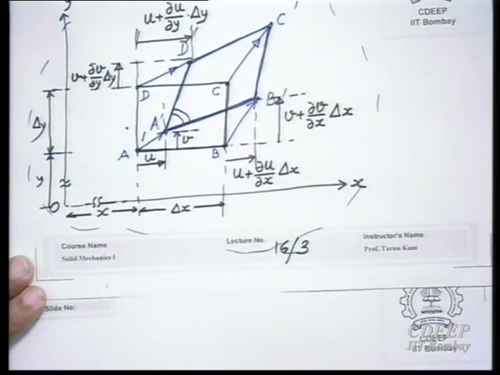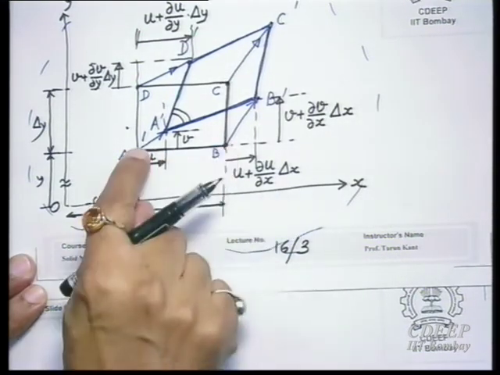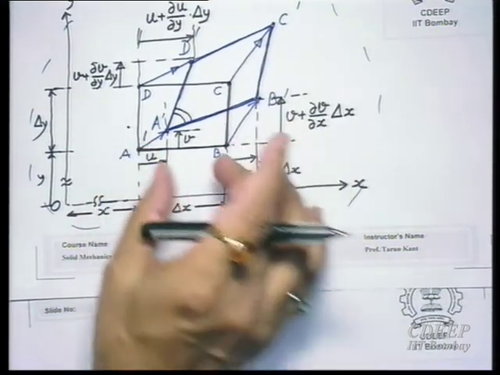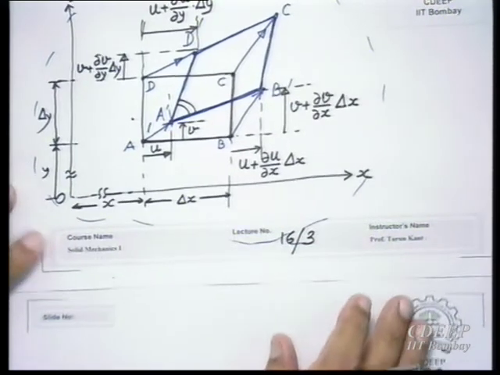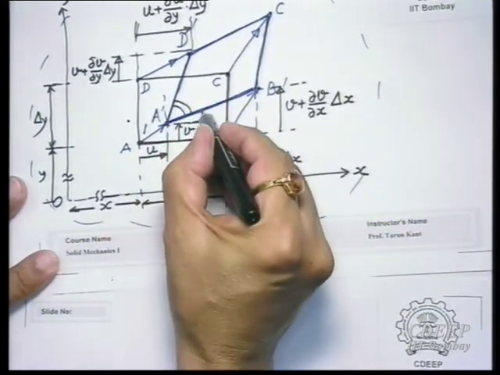What I have drawn is parallel to the x axis and y axis. At point A, I have drawn AB and AD, and I would like to know what has happened to the changes in length of AB and AD. That will give you a measure of normal strain in x direction and y direction. Then I will also find out these angles.